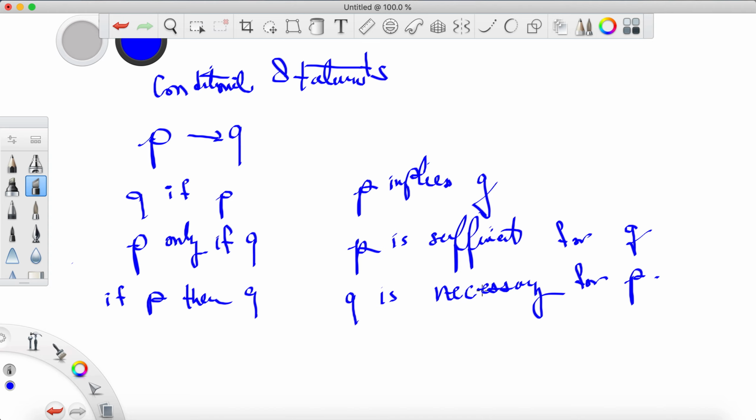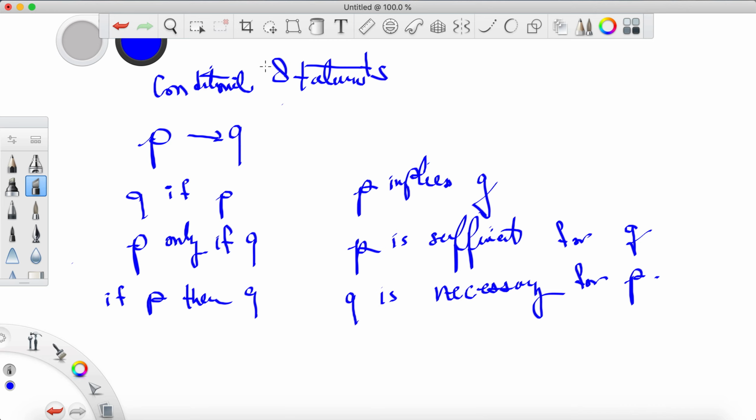And Q is necessary for P. This means that there is no instance where you would have P obtain but without Q, right? So it's necessary in that sense.